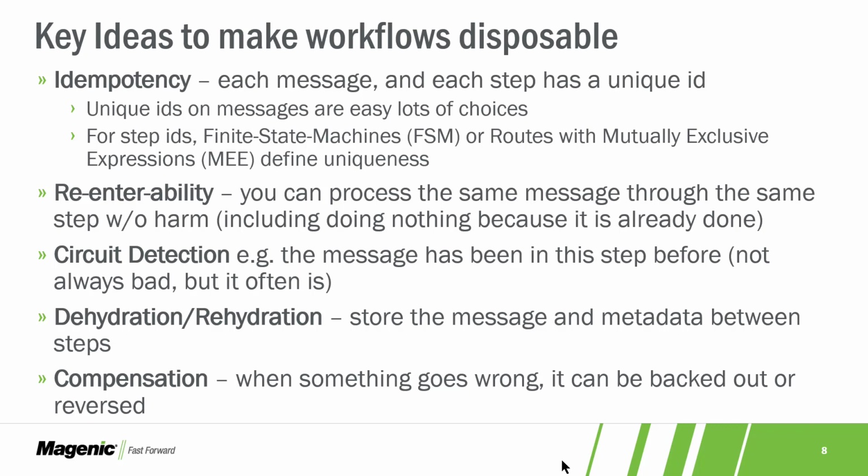But you have to have circuit detection that says, wow, this is the fifth time I've seen this message. That's not allowed. That's weird. It's odd. The state of the message has basically not changed since I last saw it. And again, you can use hashing and journaling to help you figure that out.